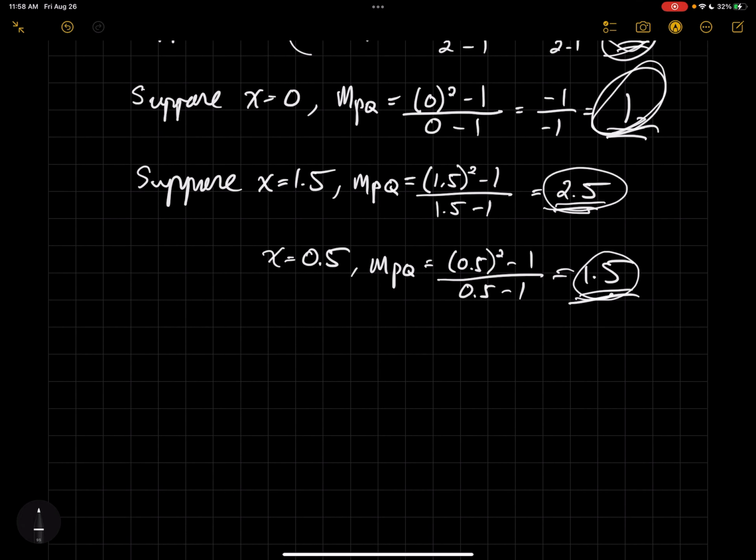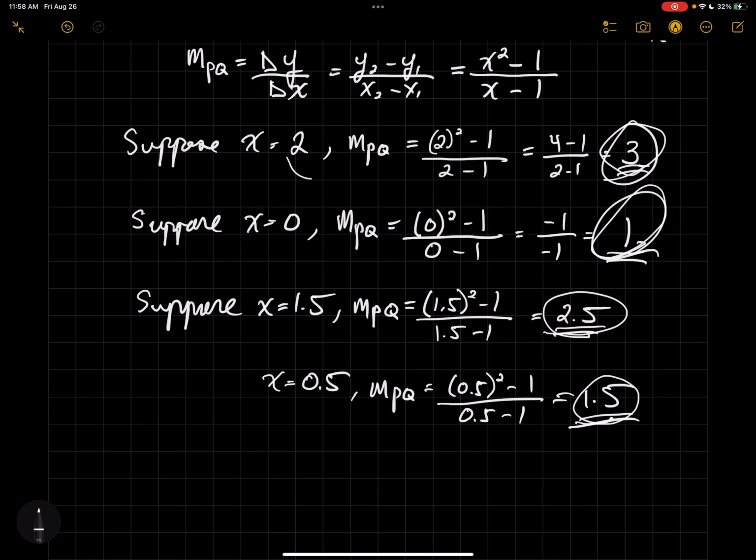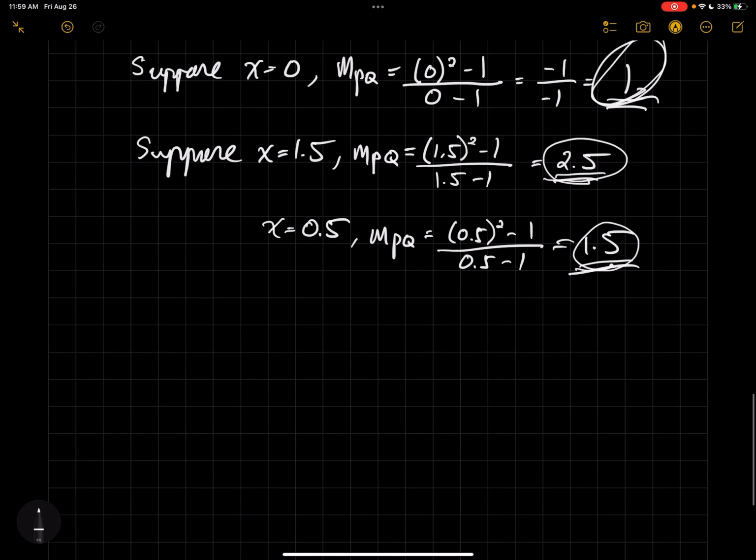So let's change our x values more, where we try to make x such that the point Q is closer and closer to P, looking both to the right of P as well as to the left of P, okay? And so by doing so, we can create a table.